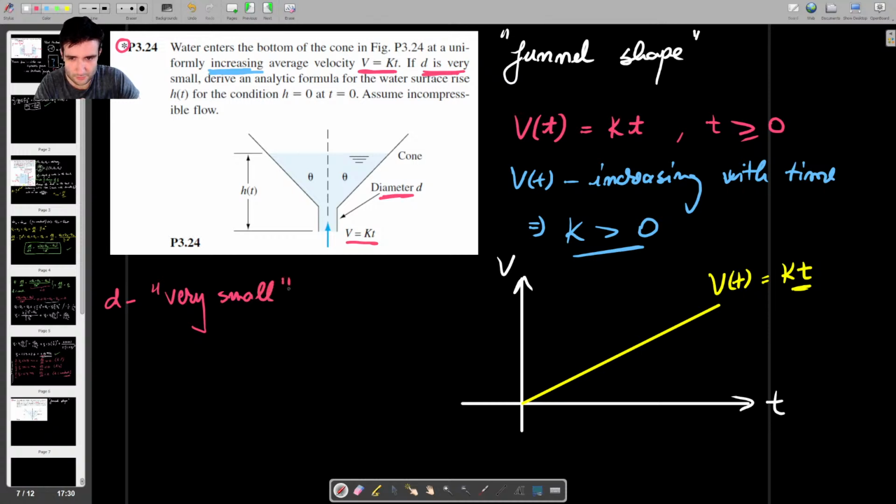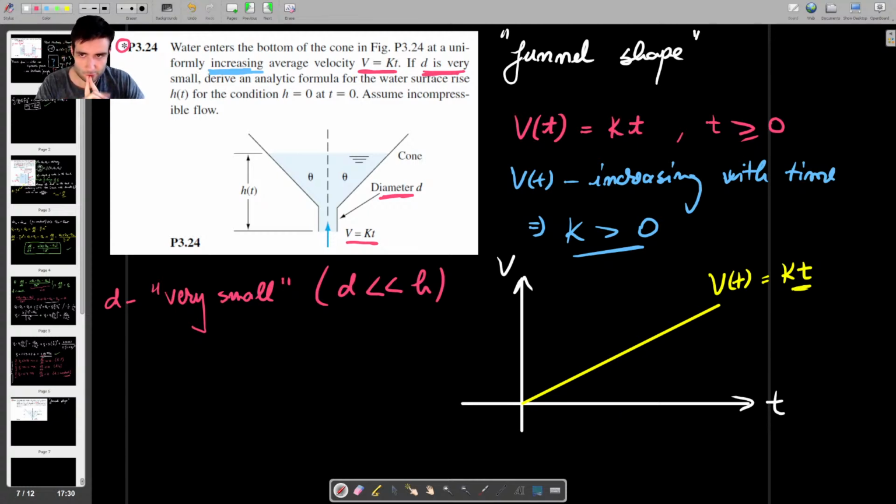I'm putting it in quotation marks because this is not really a very technical term. So I'm going to say that d is much smaller than h. And this is going to be useful in a bit, and we'll see why that's the case.